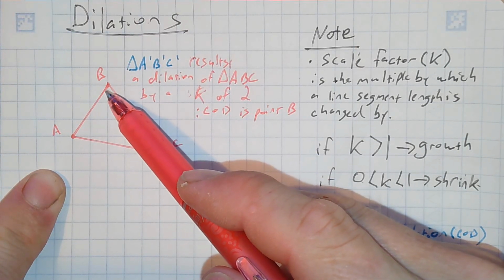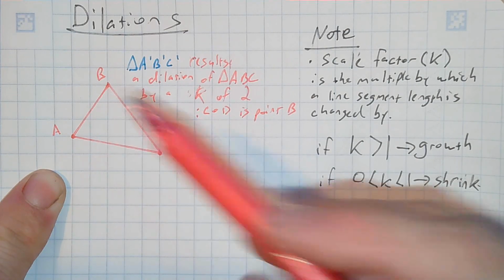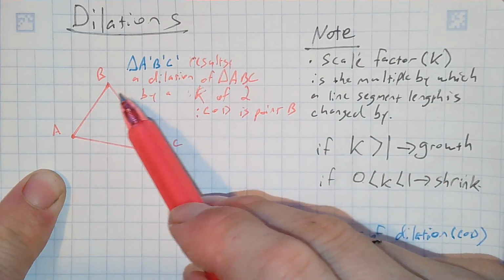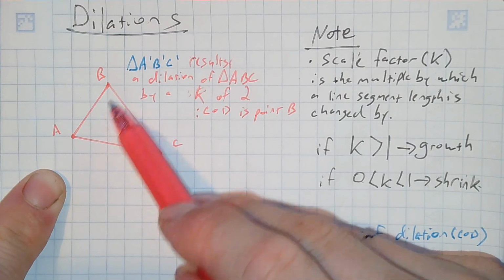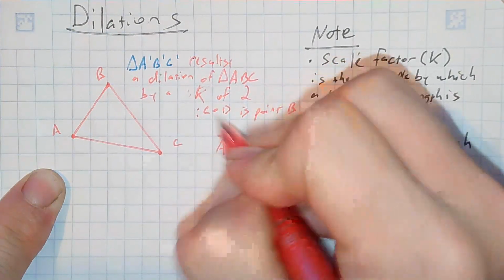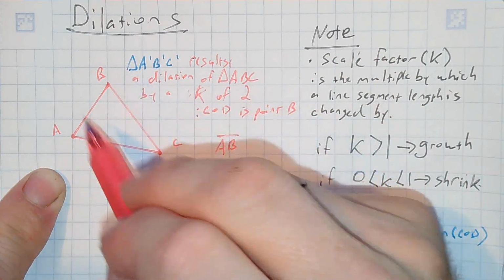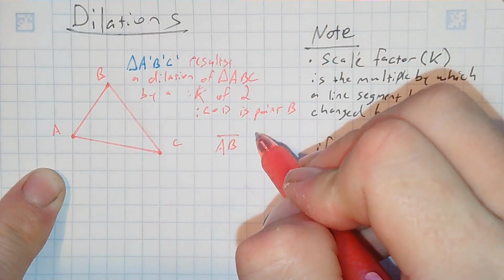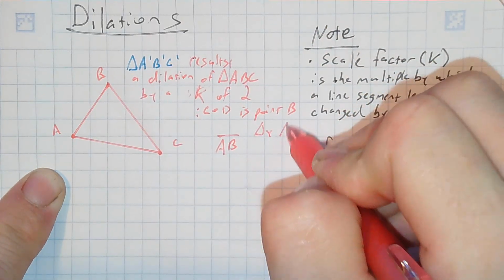You have to grow line segment AB by a factor of 2 by growing its change in Y by a factor of 2 and its change in X by a factor of 2. So let's look at the line segment AB, and we're going to grow that by a scale factor of 2, meaning we're going to double the distance, both components, the change in X and the change in Y.